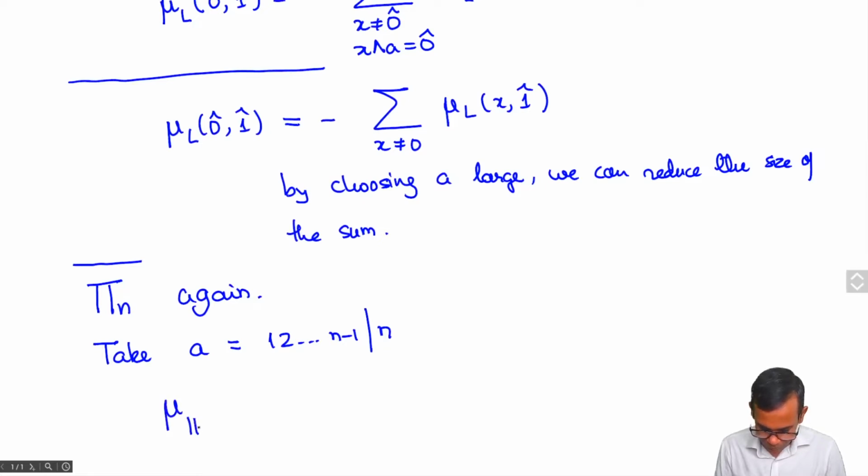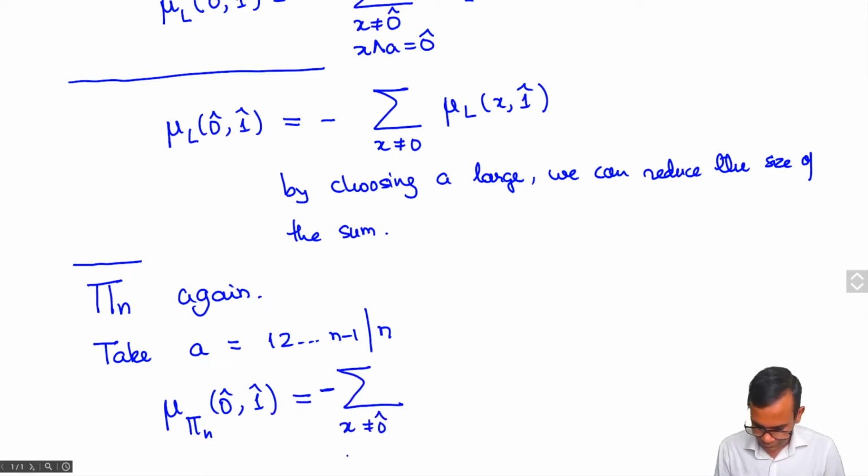Now if you take mu pi n 0 hat 1 hat, well, this is going to be the sum over x not equal to 0 hat, x meet A equal to 0 hat, of mu x 1 hat.